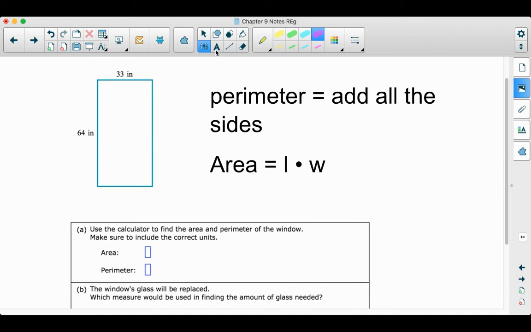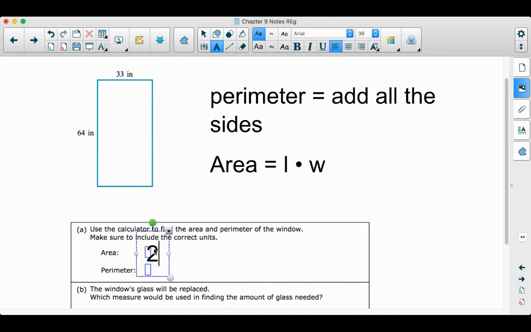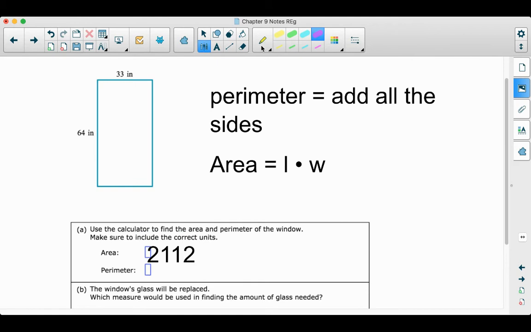So this area is, oop, might be a little big. Let's go with it. 2,112, and this would be inches squared. Now, to find the perimeter, I would add all the sides.